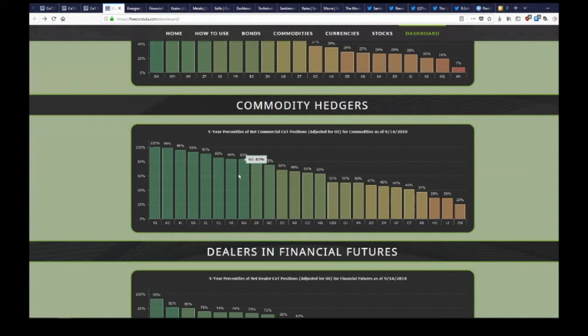It's because when you've got these two categories, producers and users. Producers, that's like a corn farmer. And when they quote unquote hedge, what they're doing is selling corn futures to lock in prices for their future production. So hedging to them equals selling. With users, imagine a company that needs to buy platinum for a catalytic converter in a car.